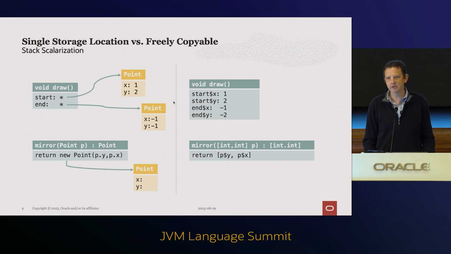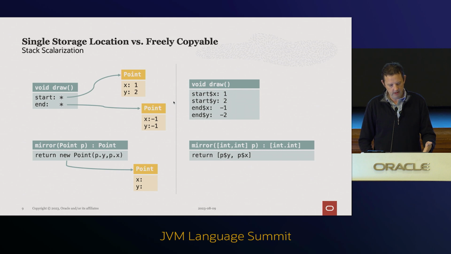This is an optimization that JVMs do for identity objects already, and they do that by trying to analyze, are any of the identity properties going to be needed? And if not, I'll just flatten it out into its field values. But if there is no identity, you know you can do that always, and so that's a nice advantage.